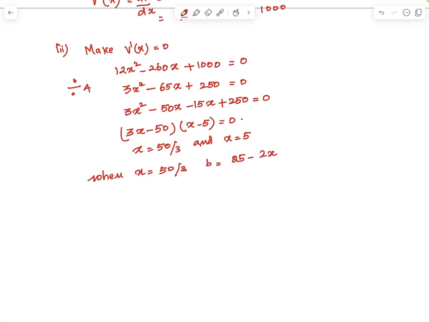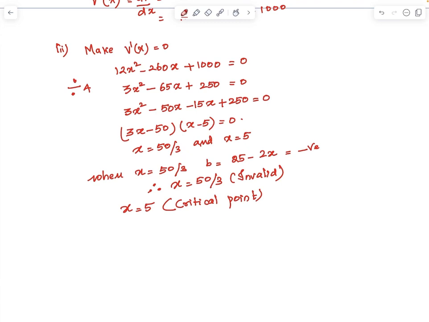So if we substitute this 50 by 3 here, it goes negative. So we ignore x is equal to 50 by 3, and now x is equal to 5 becomes the critical point.